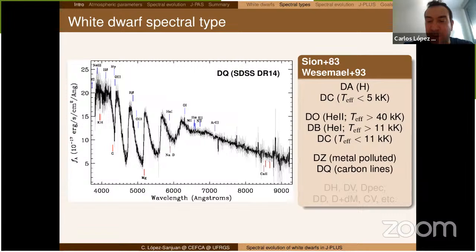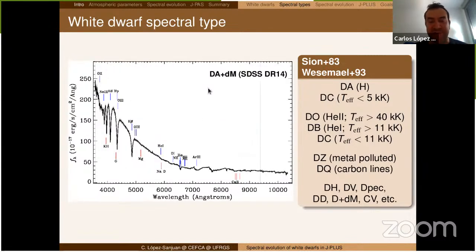So you can bring up carbon from the center of the white dwarf to the upper part. And in this case, it's a cool DQ in which the lines are molecular Swan bands, so it's very, very impressive to see all these wiggles in the spectrum. Also, you can have magnetic objects, variable objects, peculiar objects, and that's only talking about the individual objects.